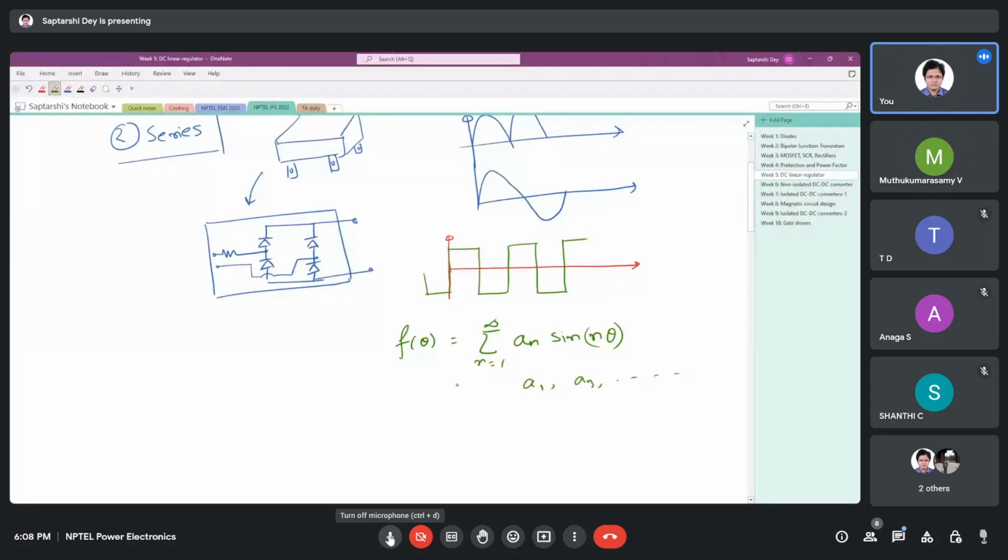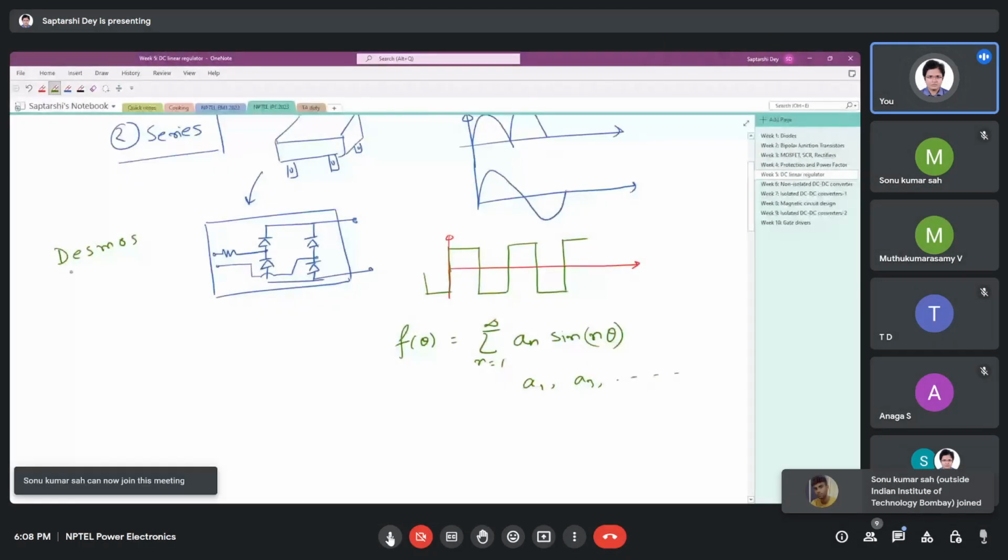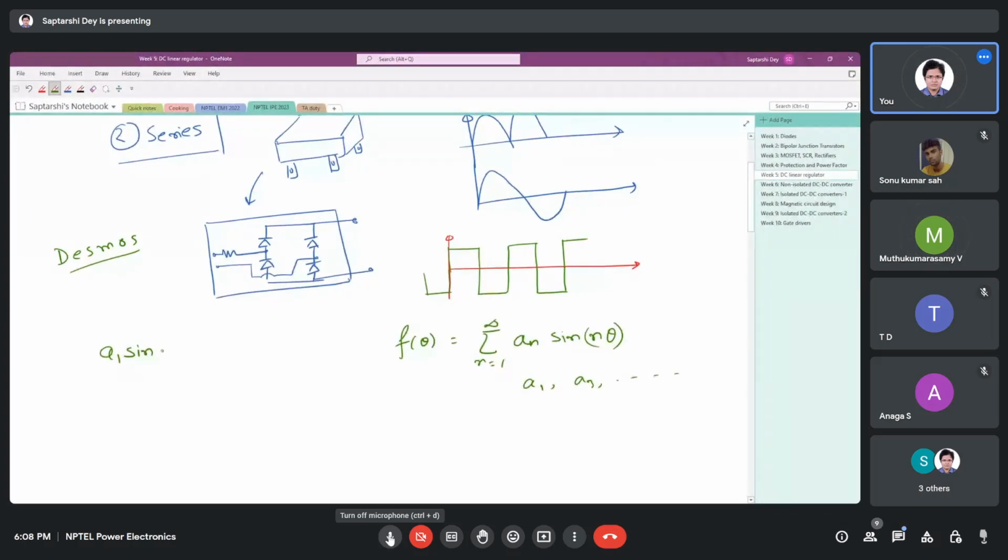After you calculate, you try reconstructing this square wave once again. There is an online graphing calculator called Desmos, which is free software. You first give A1 sine omega t, and you get the fundamental. Now you add A3 sine 3 omega t, so it adds the third harmonic.